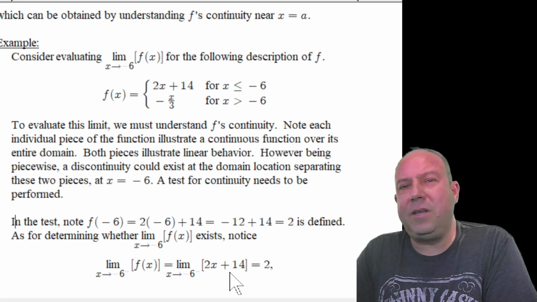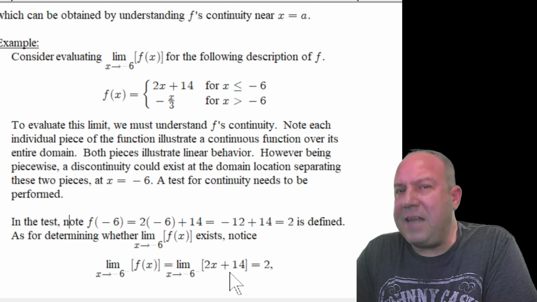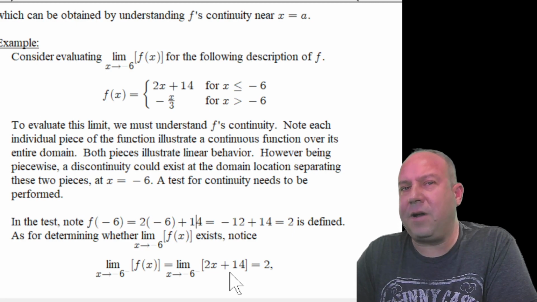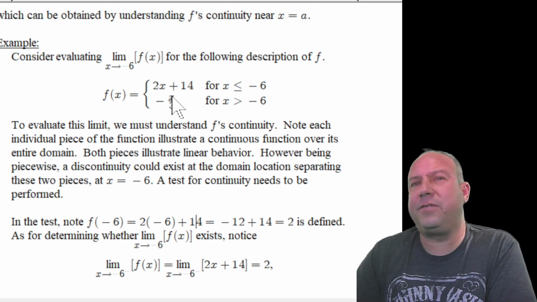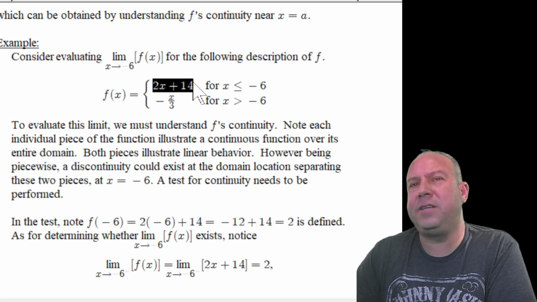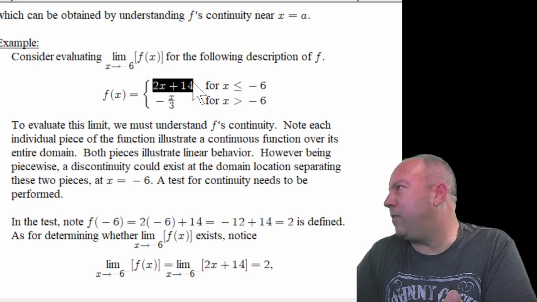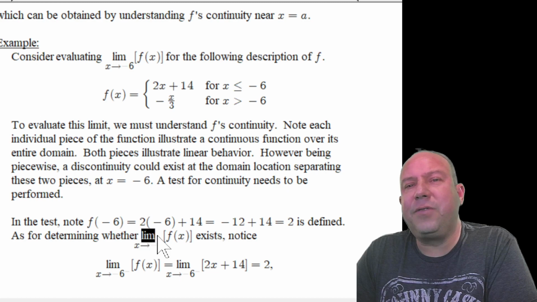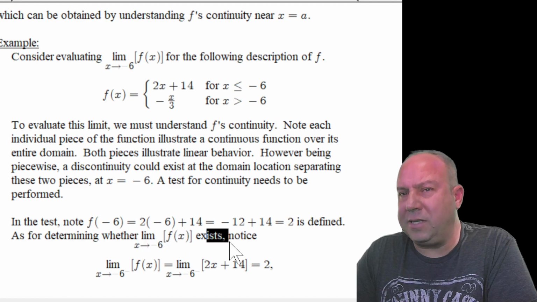Note in the test, f of -6 is defined. If you were to substitute in -6 to this function, it would go into this first piece, and it would again be defined to be 2 in value. As for the limit, though, it also exists.